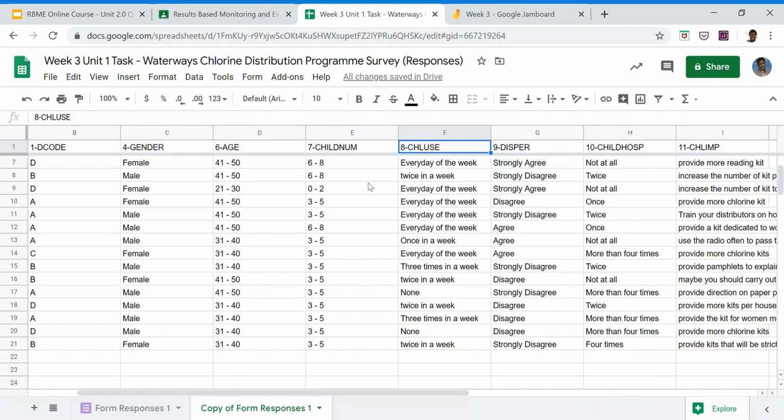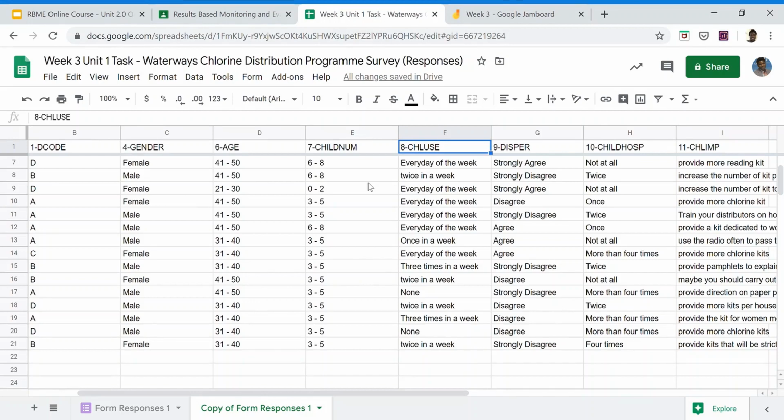So one of our indicators was to look at the change. I think at the outcome stage it was the change in the usage of chlorine to purify water in Kiribati, and also the reduced number of times in which children visit the hospital.